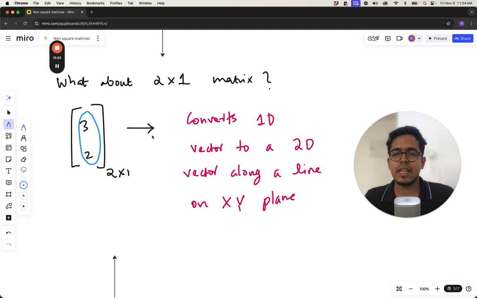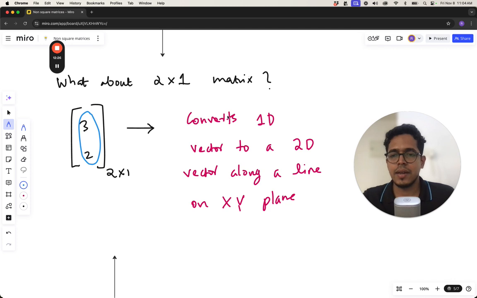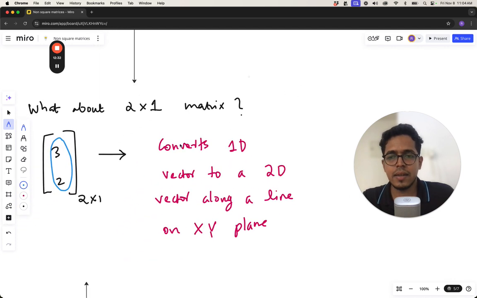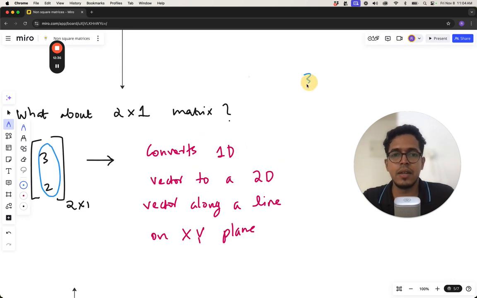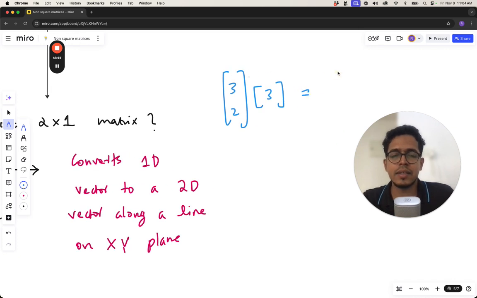So here the transformation is happening from a line into the XY plane. Let's say we take something like this. This 2 by 1 matrix can be multiplied by a 1 by 1 vector. So let's say 3, 2, this matrix is multiplying with a vector like this. Then you have the result as 9, 6.